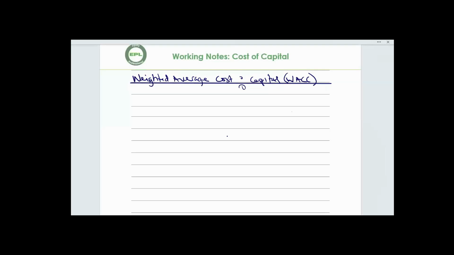So we can simply put, WACC represents the overall cost of capital or rate of return, cost of capital to a firm.